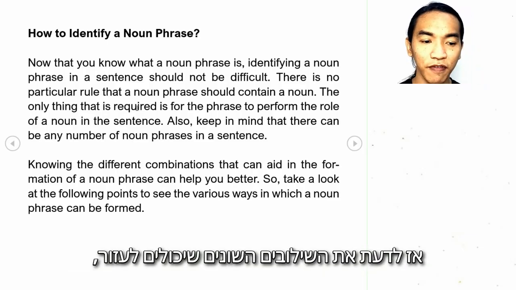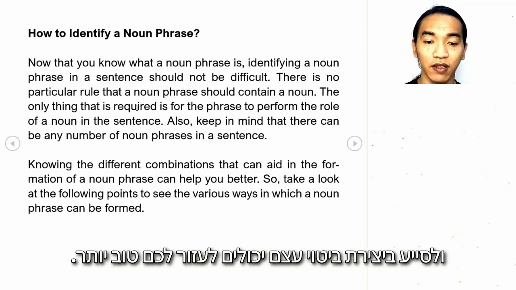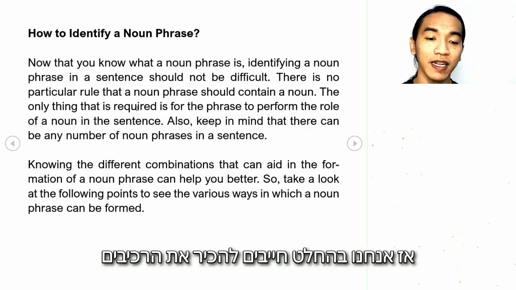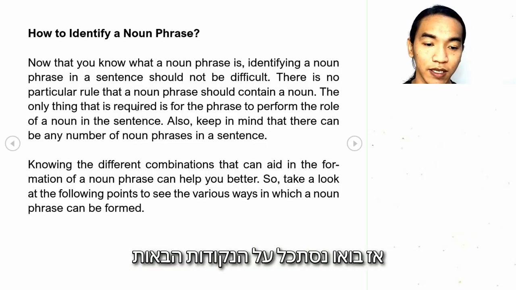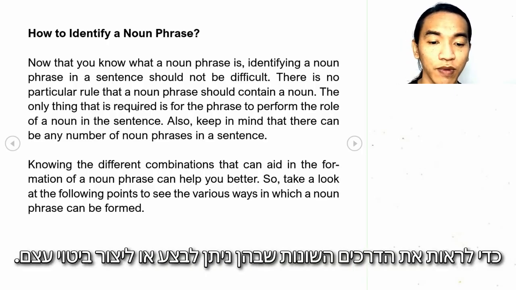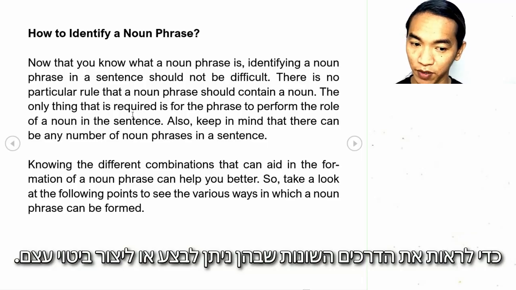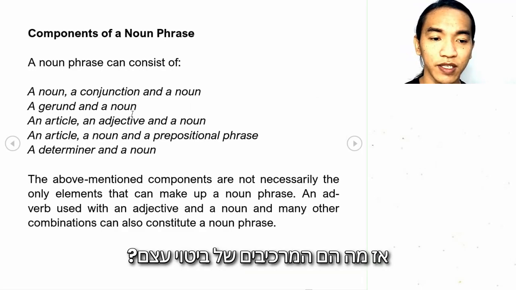So knowing the different combinations that can aid in the formation of a noun phrase can help you better. So we definitely have to know the components so we know how to create a noun phrase. So let's take a look at the following points to see the various ways in which a noun phrase can be performed or formed. Okay, so what are the components of a noun phrase?